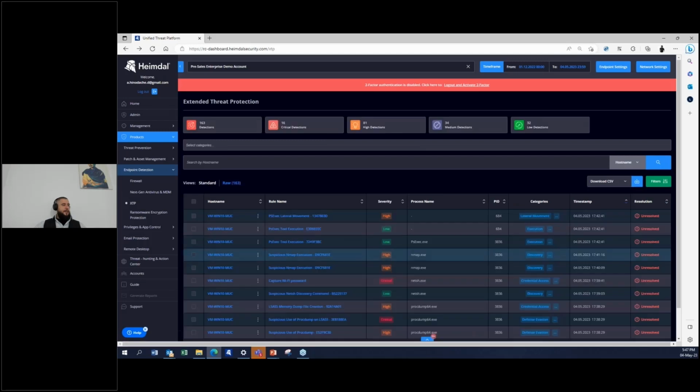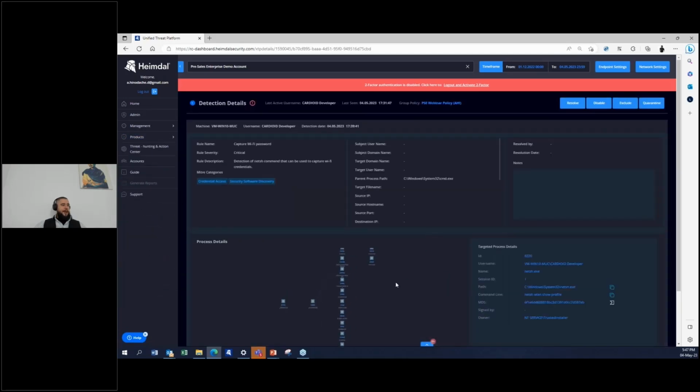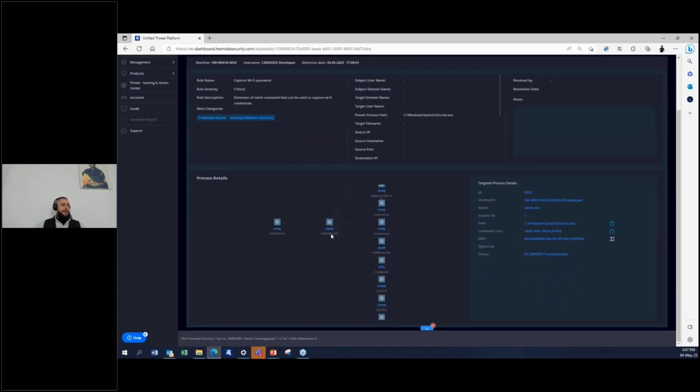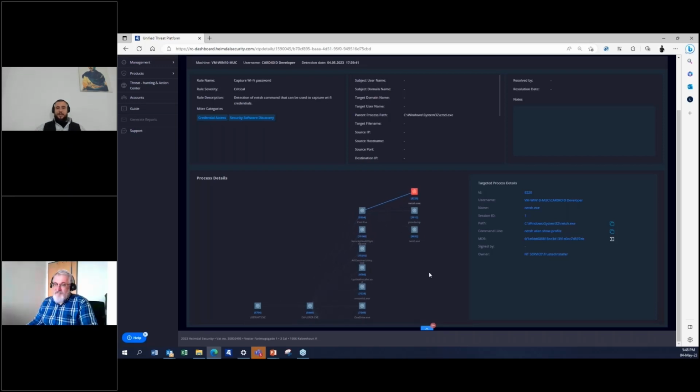Just a second. This one, right? And now I can see the exact process map that started this, right? What did it start along the way? Is there anything suspicious here up until this particular point when NetSH was started? So this is the level of information that I have after such an event.